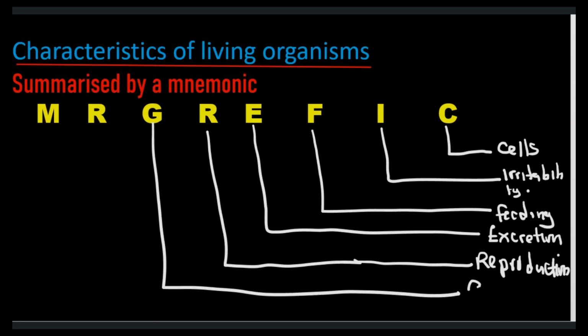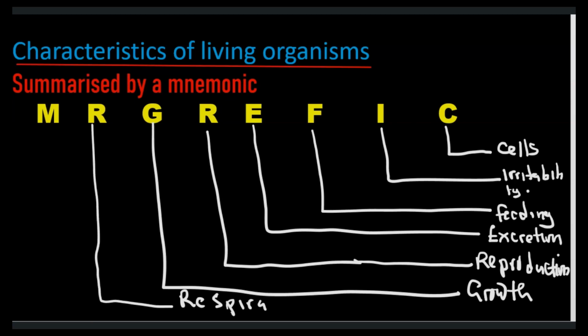G is growth. Then respiration. Then finally M. M is for movement.